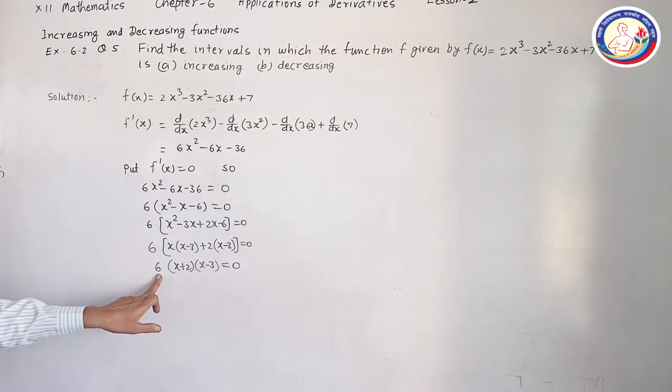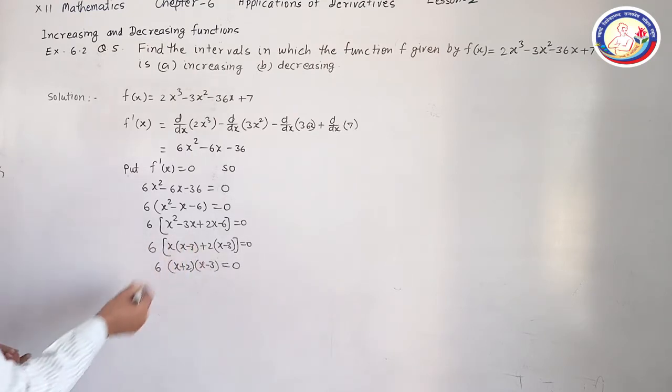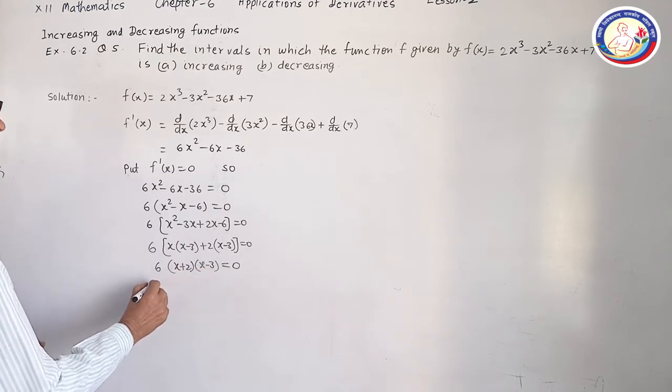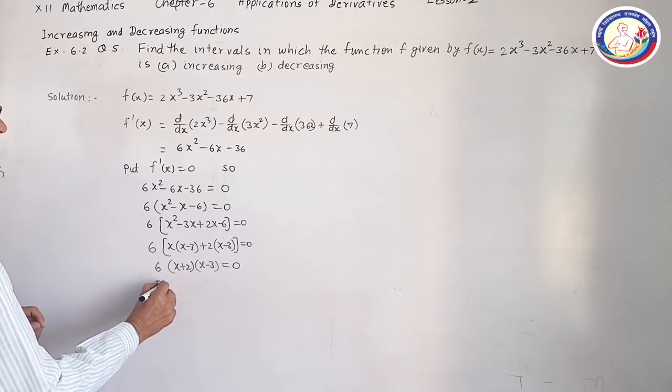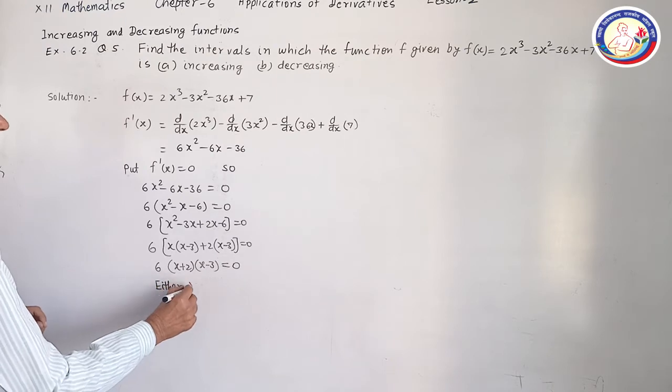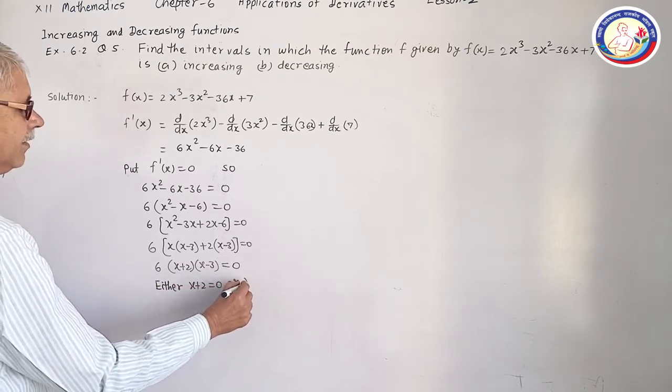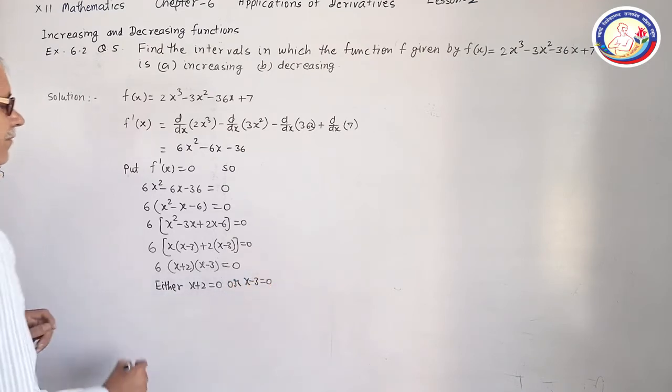6 is not 0. So what will be 0? Either x plus 2 is 0 or x minus 3 is 0.